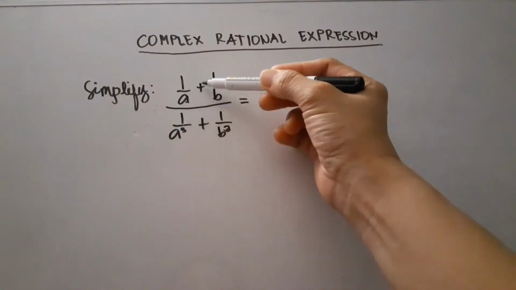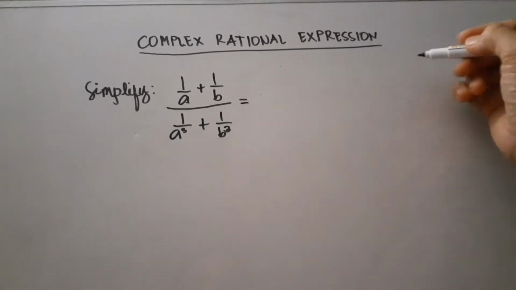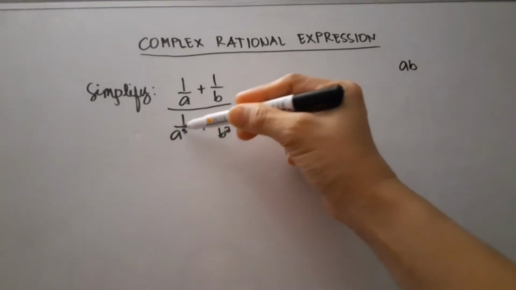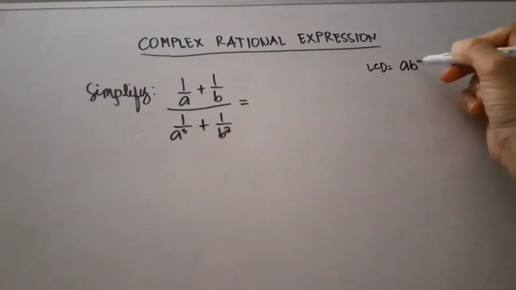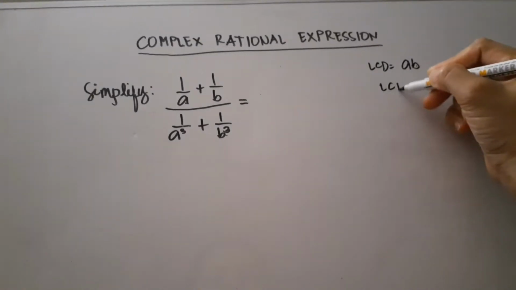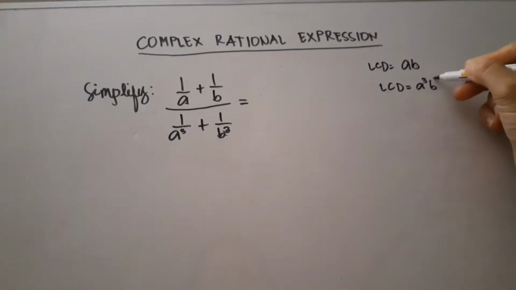This is another way of simplifying complex rational expressions. This is another method. First, we need to find the least common denominator of the numerator, which is ab, and then we find the least common denominator of the denominator, which is a cube b cube.